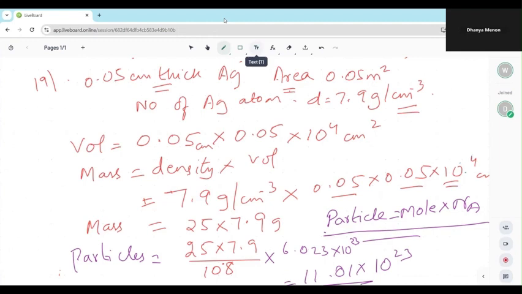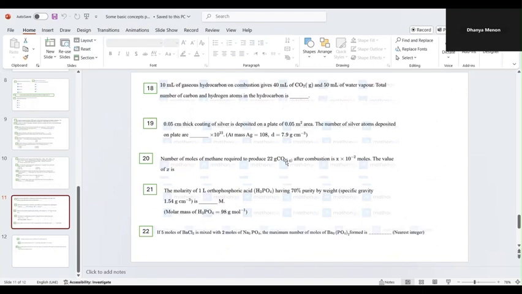So coming to the next question, question number 20. In question number 20, you have the number of moles of methane required to produce 22 grams of carbon dioxide after combustion.